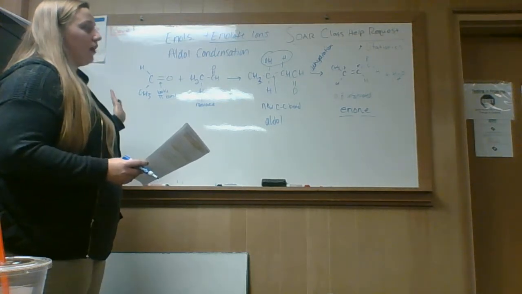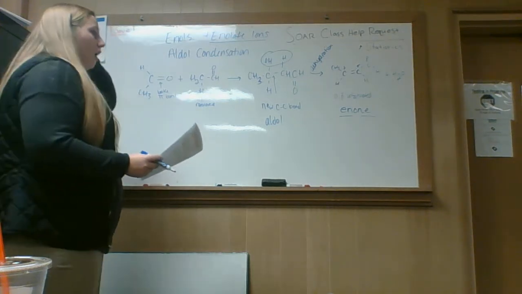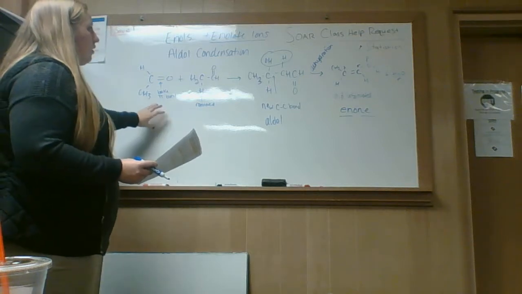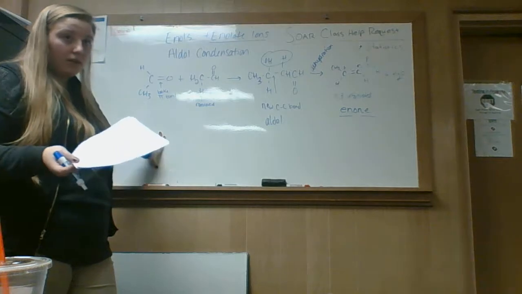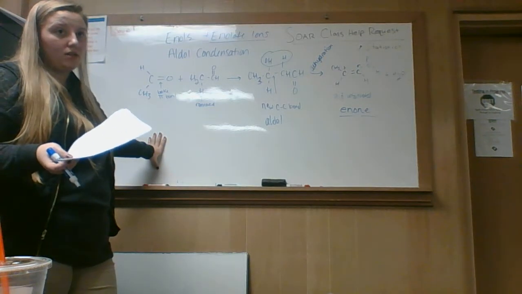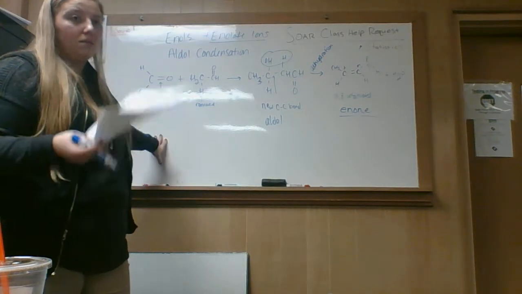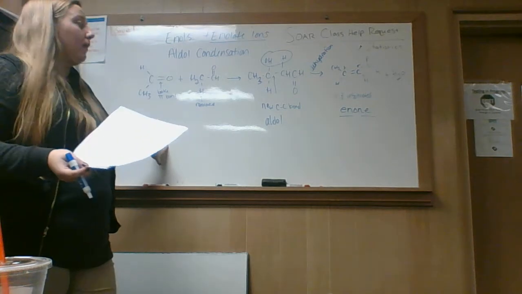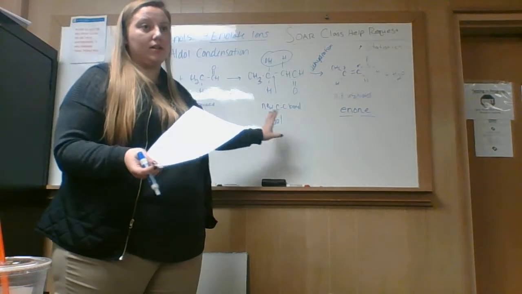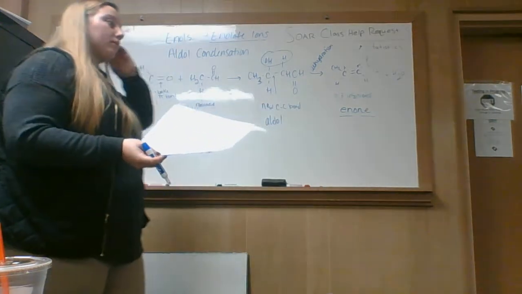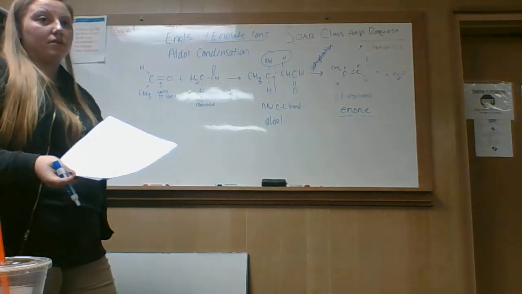Don't worry about writing any of these, but we're going to talk about some of the problems you can run into with aldol condensation and how to fix those problems. But definitely know reactants, intermediates, final product. And then we're going to talk about some other situations.